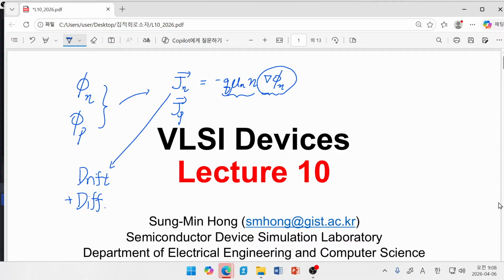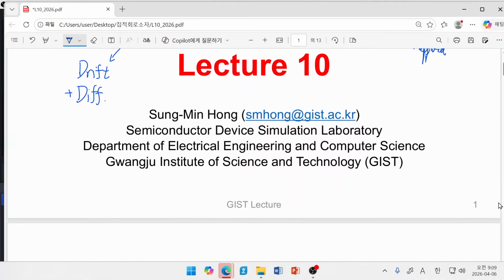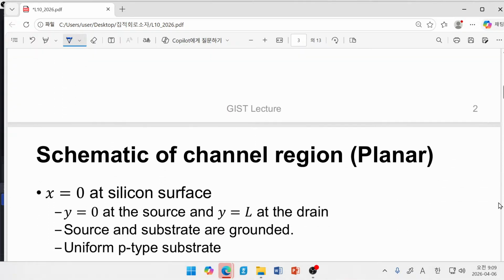Also, it had a quite understandable boundary condition. If we have a boundary, then the values of the electron quasi-Fermi potential and hole quasi-Fermi potential are just equal to the applied bias voltage. So now let's go to our case, the MOSFET.